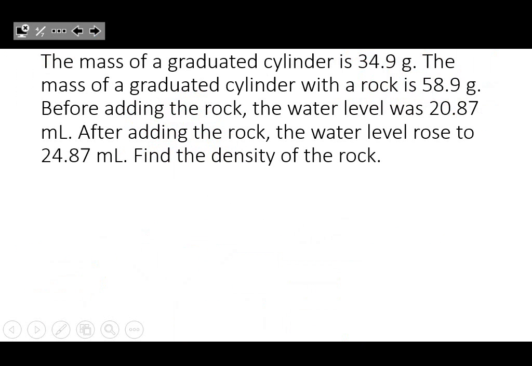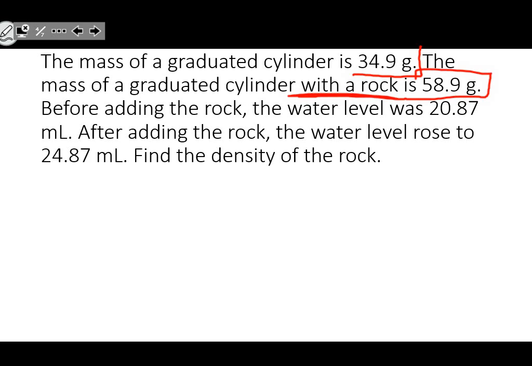The only other way, it's kind of like we did in lab with the lab practical. So I'm going to walk through this and we'll talk about how we pick out the data we need. The mass of a graduated cylinder is this. The mass of the graduated cylinder with the rock is that. Okay.